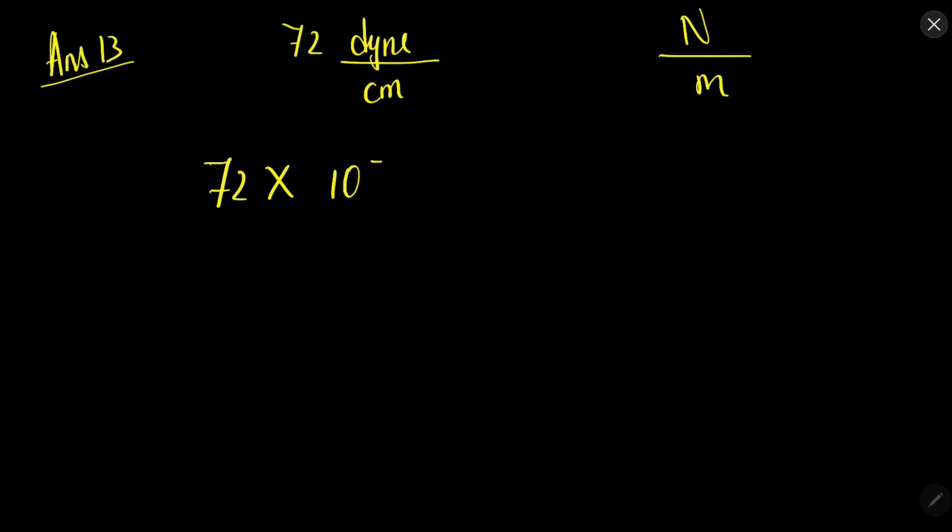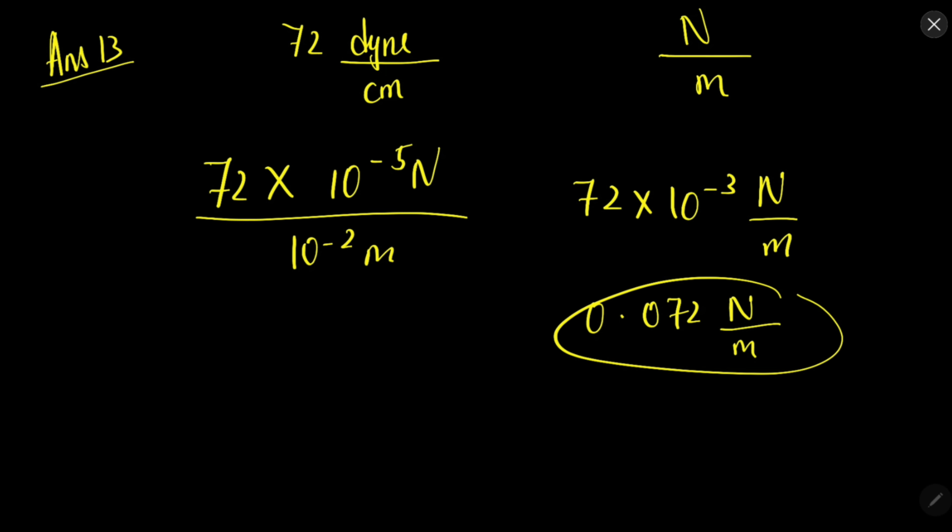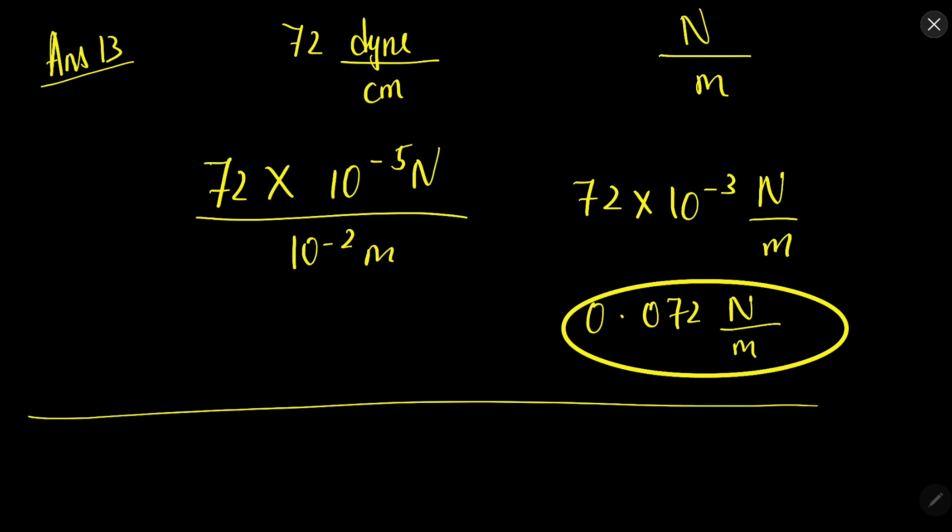It is 10 to the power minus 5 Newton, and 1 centimeter is equal to 10 to the power minus 2 meter. So we will get 72 into 10 to the power minus 3 Newton per meter, which can be written as 0.072 Newton per meter. So this will be the value in SI units.